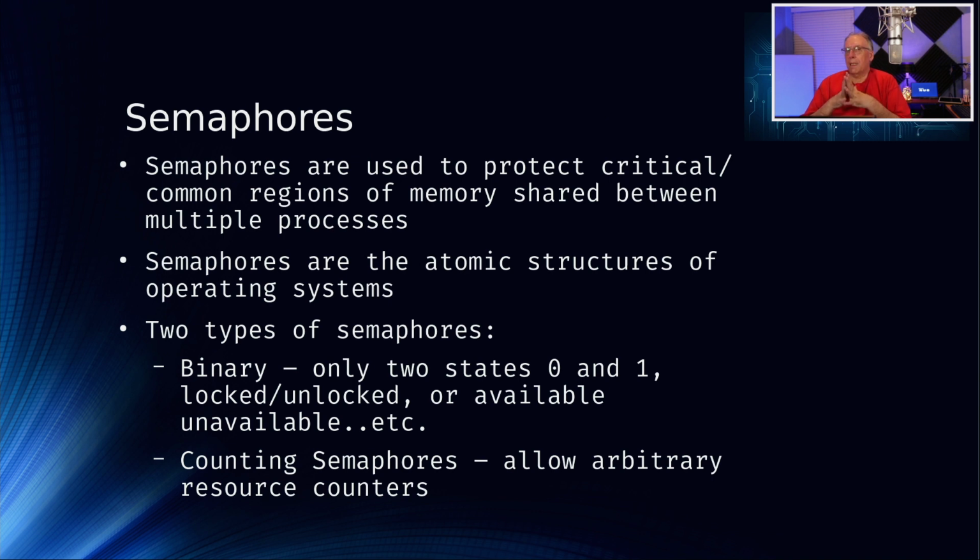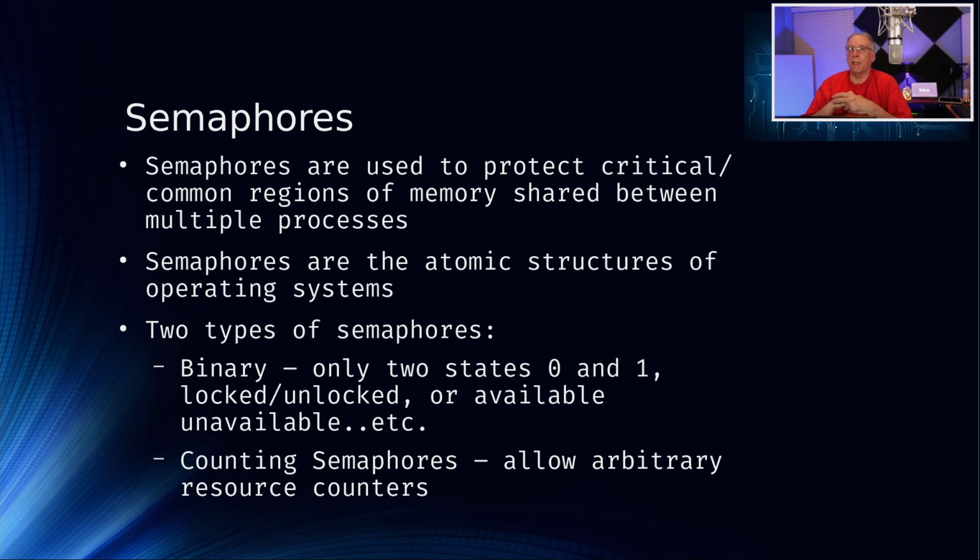Semaphores. Semaphores are kind of an interesting construct. This also requires a program to use it. I'm not going to delve into that here today. I'm just going to describe what this is. So semaphores are used to protect critical common regions of memory that are shared between multiple processes. You can think of semaphores as definitely part of the operating system.